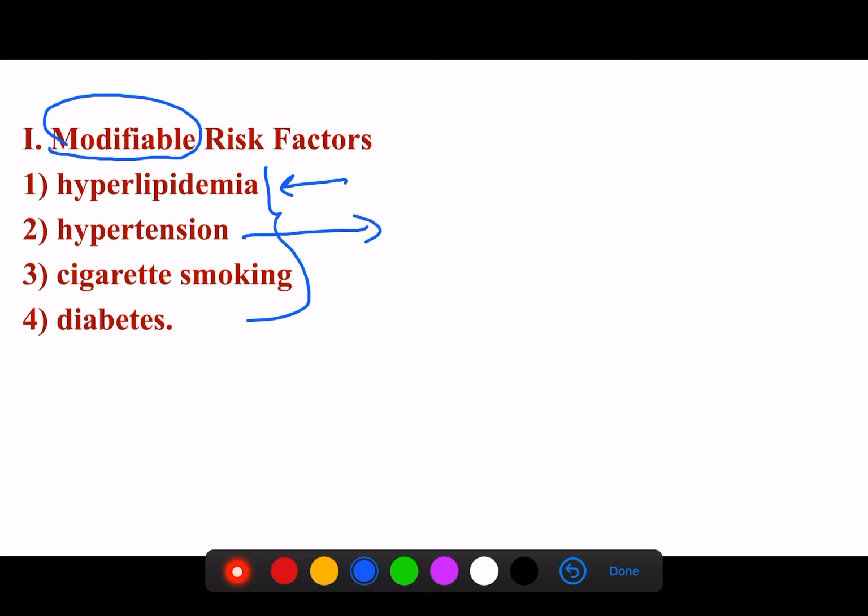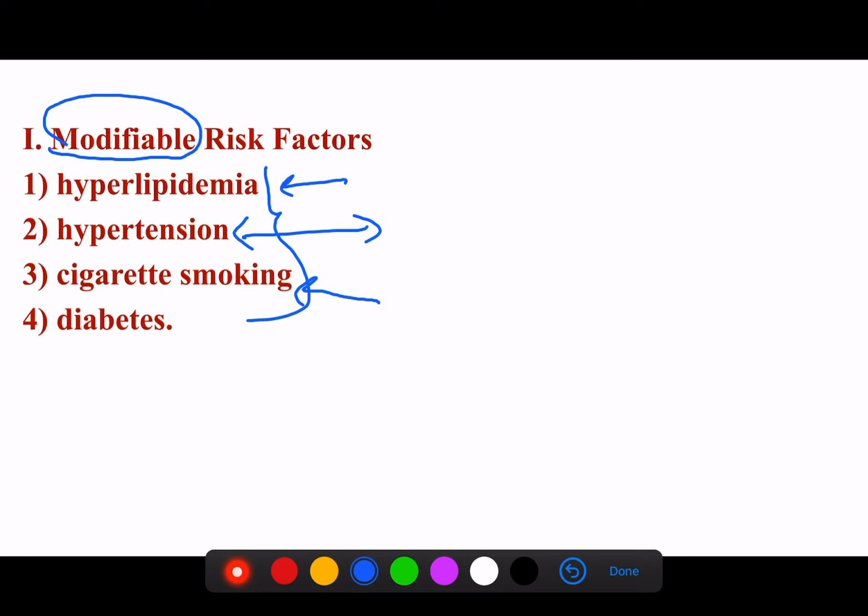Hypertension, we will talk about this section extensively in the next pictures. Cigarette smoking. Many researchers link cigarette smoking and atherosclerosis and explain its relationship by the toxins, by the free radicals, by injured endothelia, increased lipid.